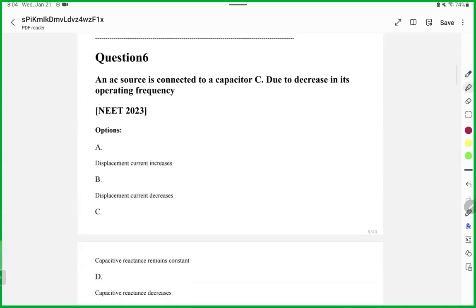Sir, an AC source is connected to a capacitor. Due to a decrease in its operating frequency, if the frequency decreases, what will happen? You have to correlate with AC. In AC, you know capacitive reactance will be equal to 1 by C omega, 1 by C 2 pi nu.